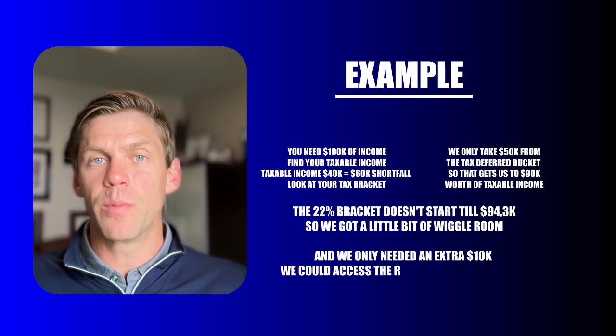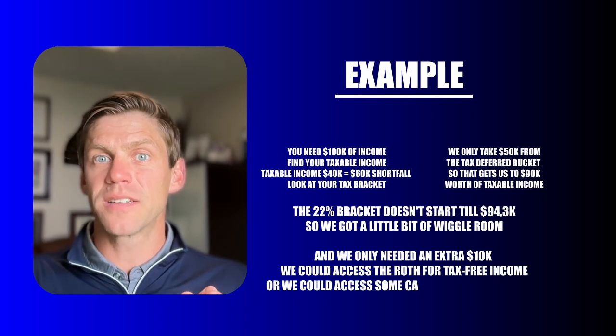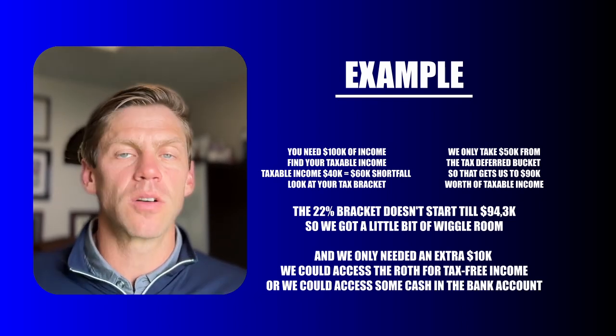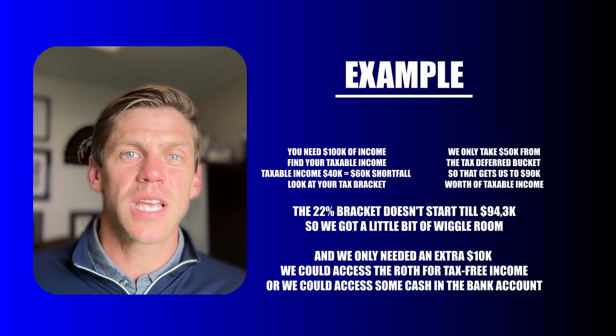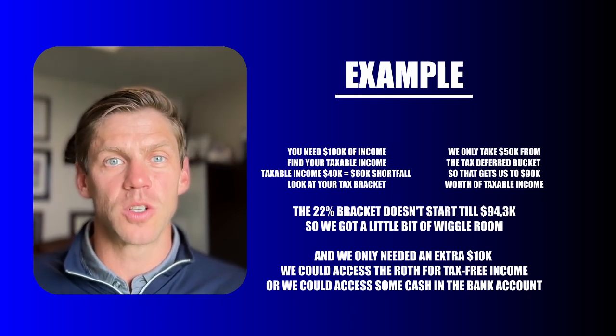At that point in time, we could access the Roth for tax-free income, or we could access some cash in the bank account, or maybe cash in a brokerage account to get to that $100,000 income need. That just kept you in the 12% bracket, which is a huge change for you. So you need to pay attention each and every year to what your income need is, and make sure that you're filling up that income tax bracket.